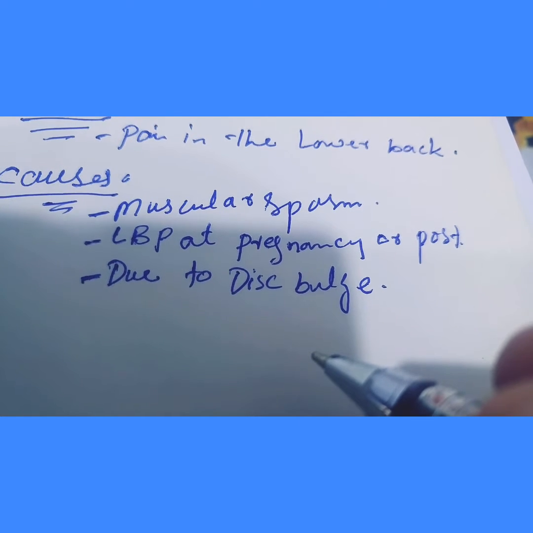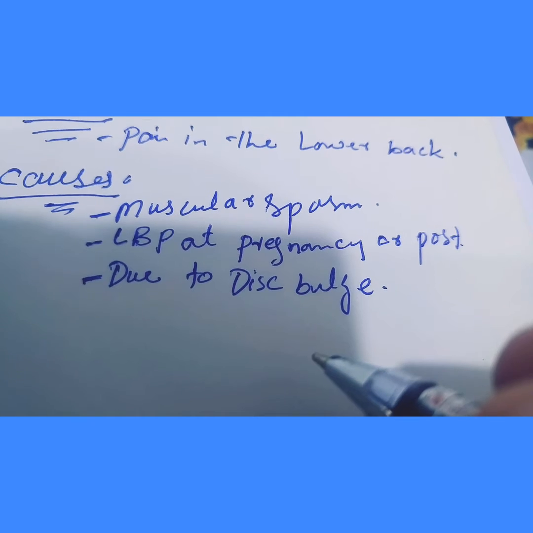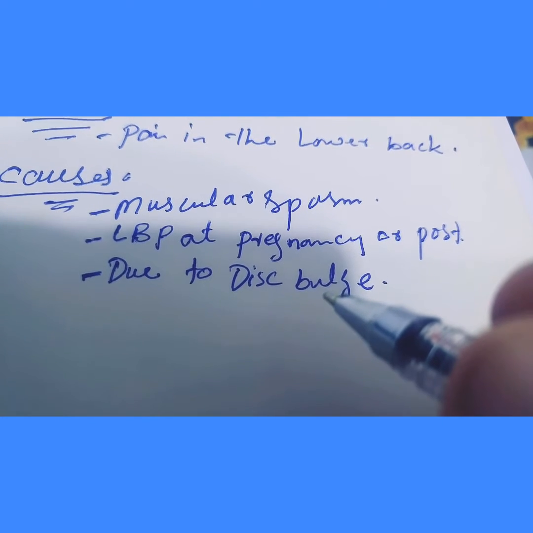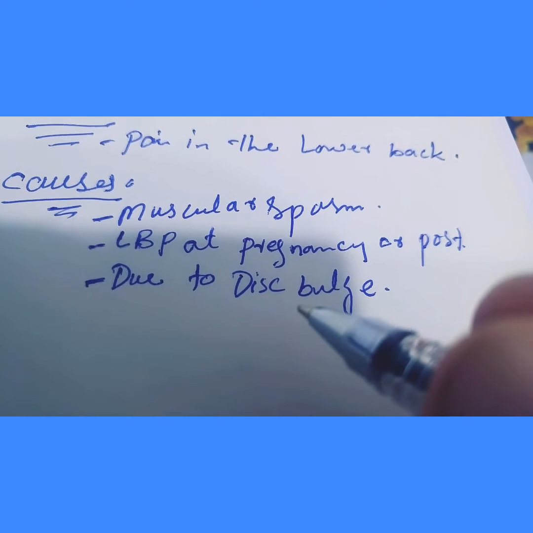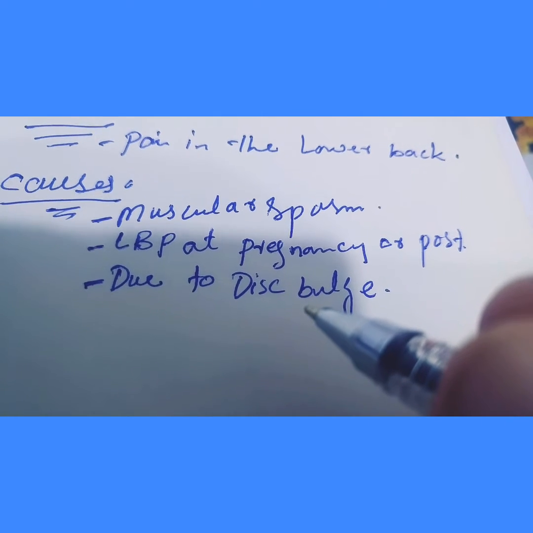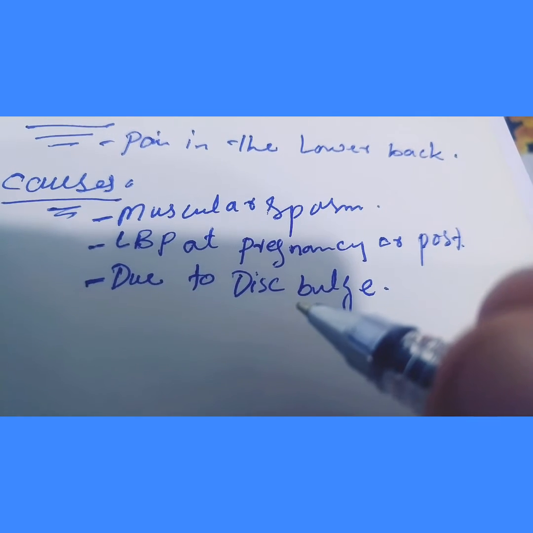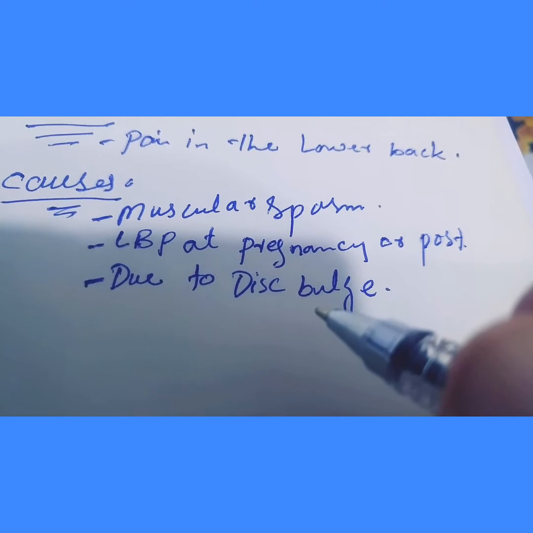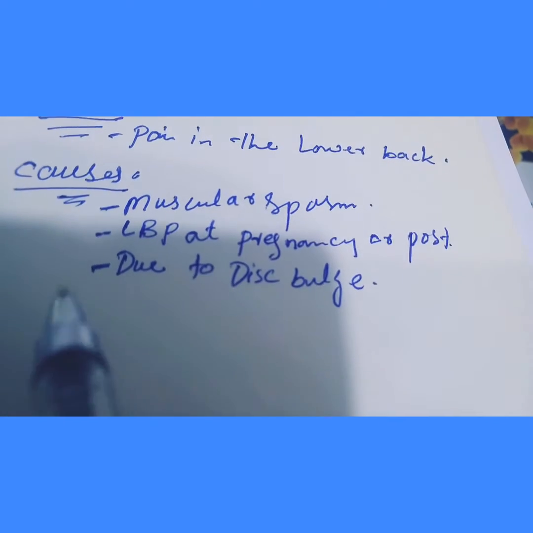The basic example of this is the sciatic nerve, which is mostly prone to compression due to the disc bulge, and can cause sciatic pain or sciatica.